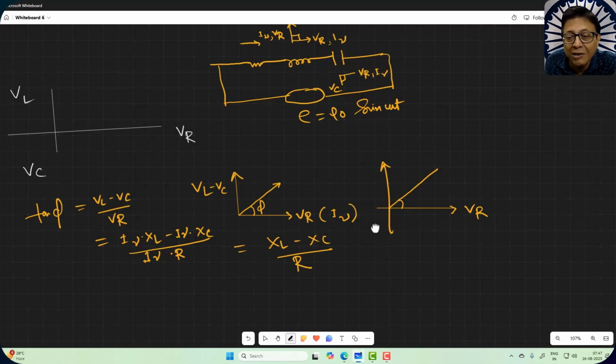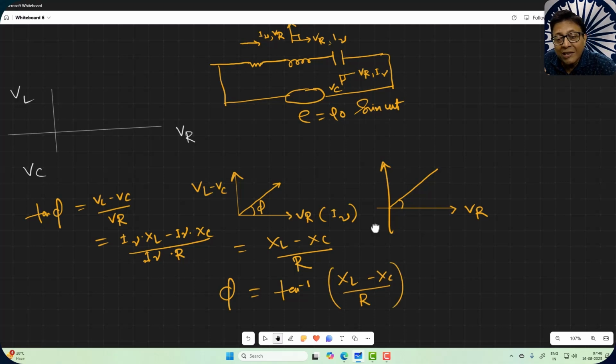This is phi, we have already taken tan phi. This means phi equal to tan inverse of XL minus XC by R. So there is a difference between the phase of the voltage across the inductor and capacitor and the current, that is phi.